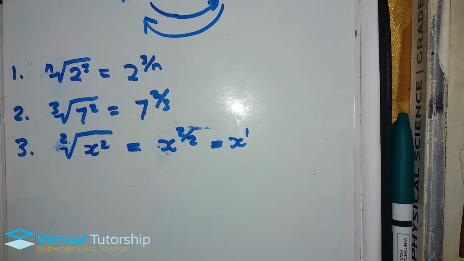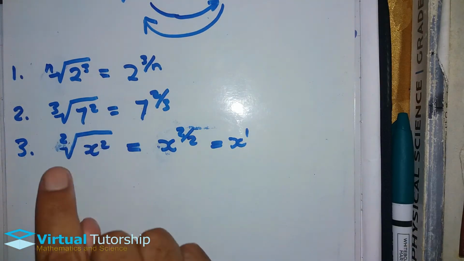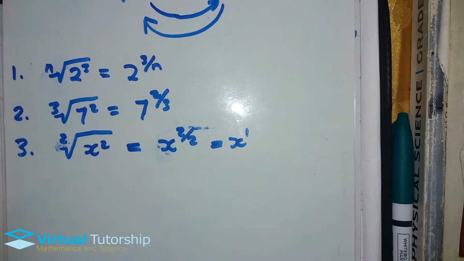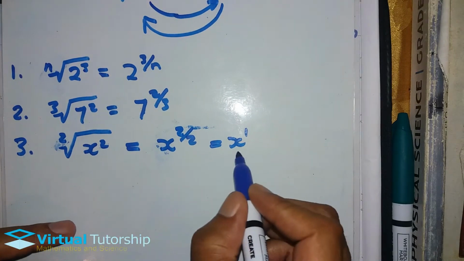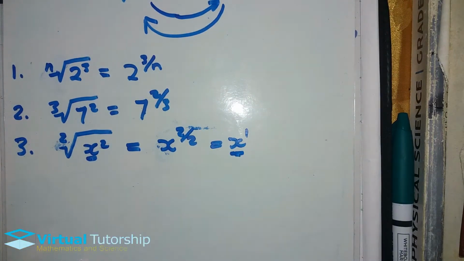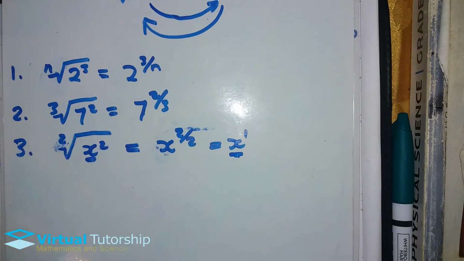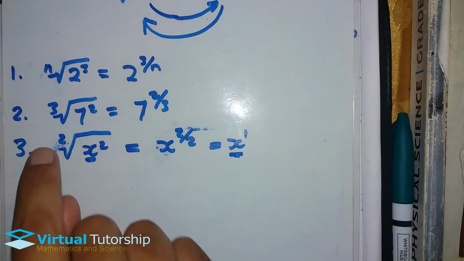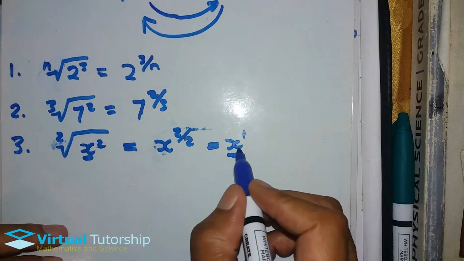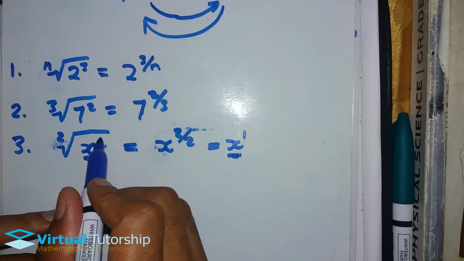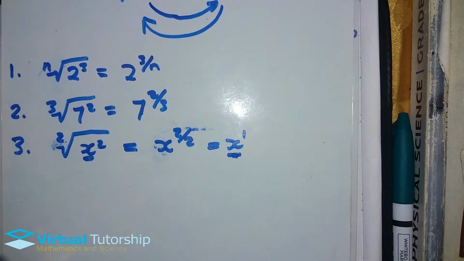So you see that if you take the square root of a squared number, your answer is equivalent to the base of that power, right? If you take the second root of a squared power, your answer is equivalent to the base of that power.